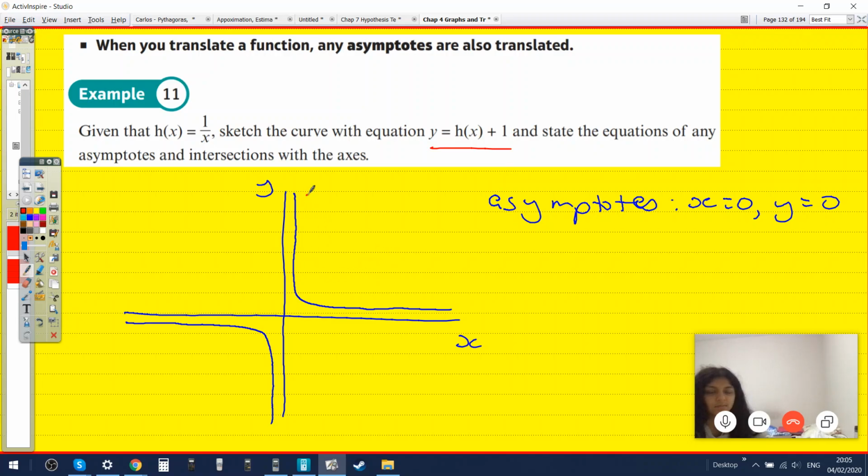Yes, so that's going to move up by 1. And so what is your new asymptotes? If it moved up by 1, that affects the y.